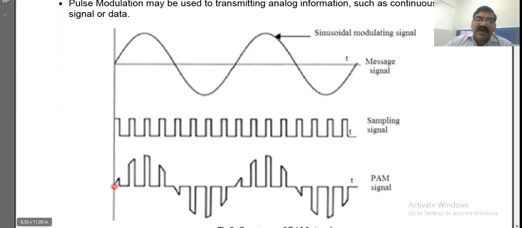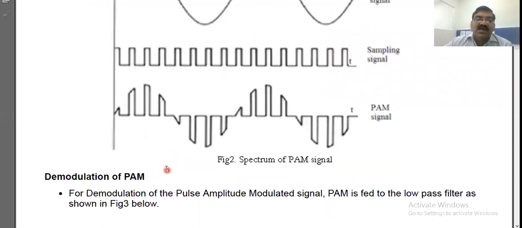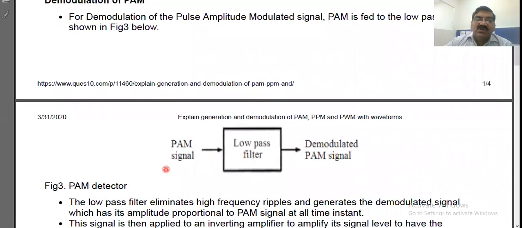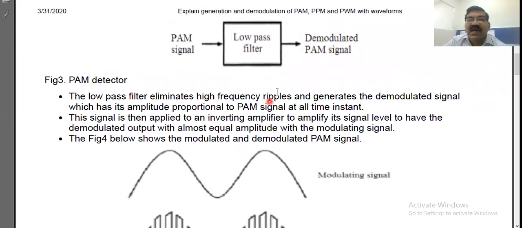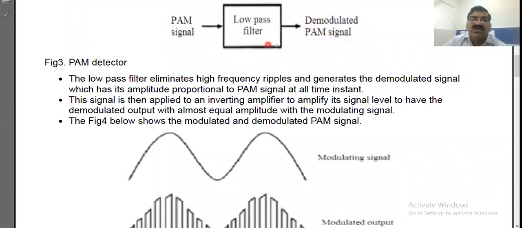So the low pass filter will only pass the message signal and give you a smooth output. So the pulse amplitude modulated signal you can just pass through the low pass filter and you will get the demodulated signal. Okay, so this way you can do it.